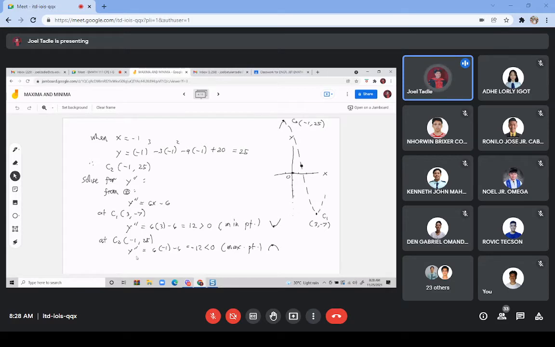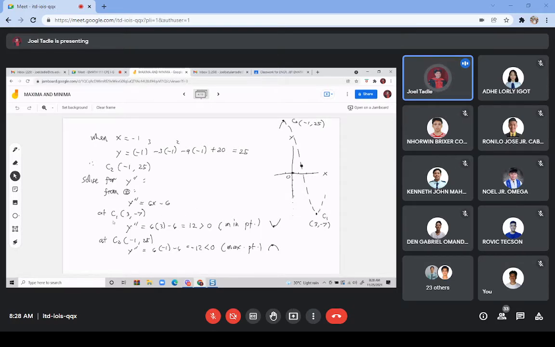Nya, sa critical point number 2, ang y double prime is negative 12 by substituting negative 1 for x. So, negative 12 is lesser than 0. Therefore, this point is maximum point. So, the curve is concave downward. So, ato nang na-classify, no?